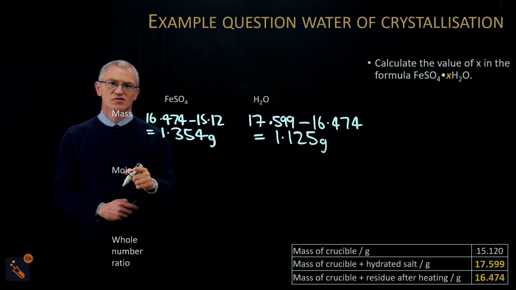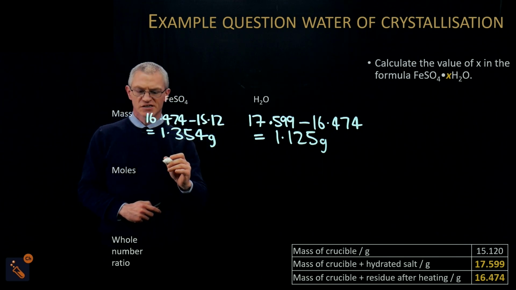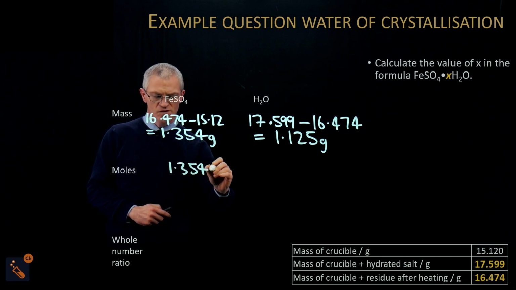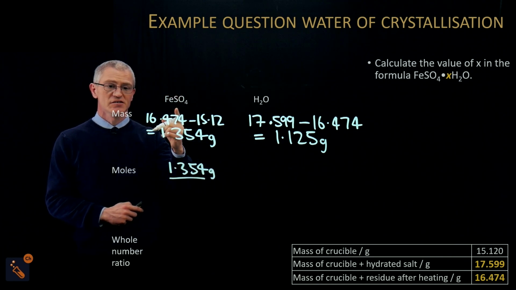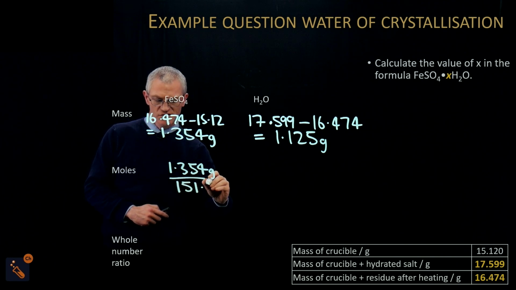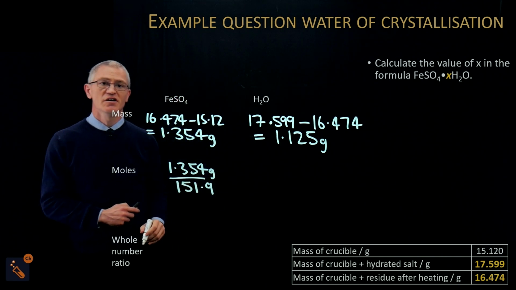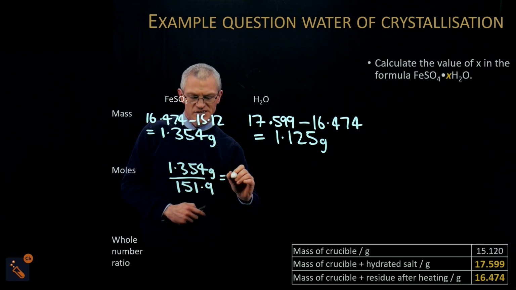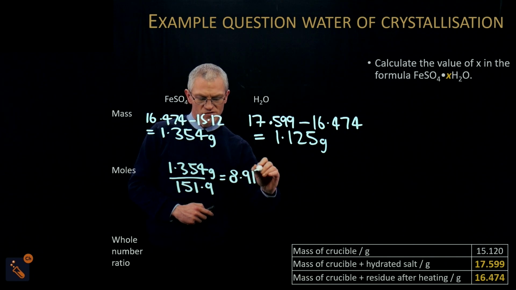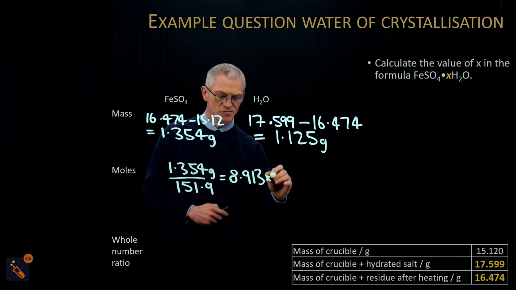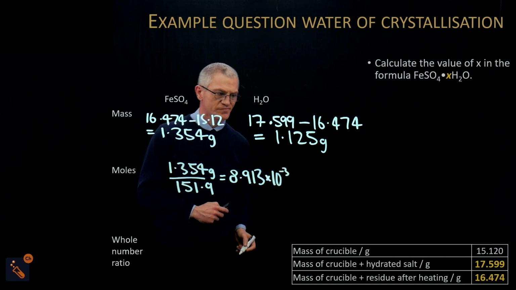Now we need to go on to the number of moles. So if we take the 1.354 and we divide that by the mass of this, now the mass of this is 151.9, and when you divide that in, you get 8.913, so 8.913 times 10 to the minus 3.